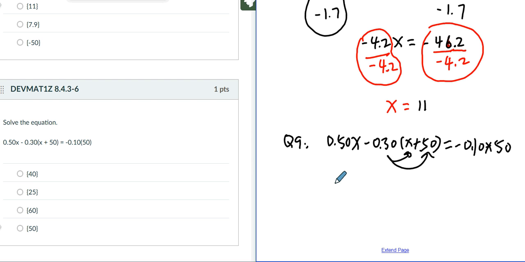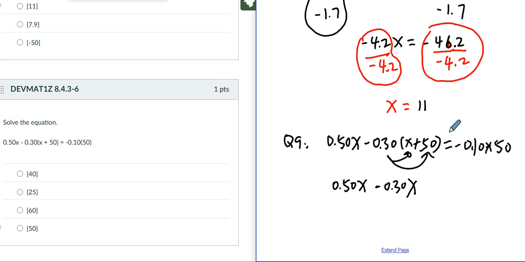The first one, 0.50x, we copied. And then negative 0.30 is distributed to the x. And then here you have 0.3 times 50.